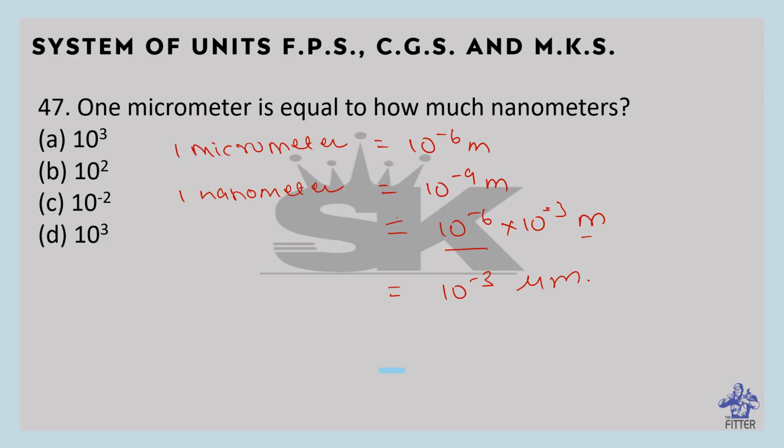So 1 micrometer equals 10 to the power of 3 nanometers. Okay, so here the answer is option A.